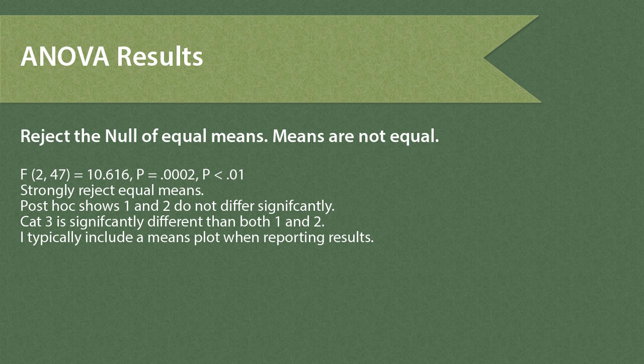Category 3's mean amount charged, however, is significantly different than both 1 and 2, which is what produced the highly significant ANOVA result. And finally, when I report my ANOVA results, I typically include a means plot that will show the observed difference in the sample means and usually help people understand the significance results that I'm reporting.